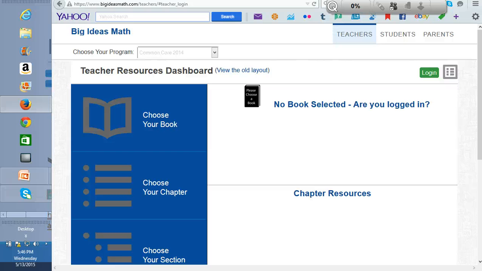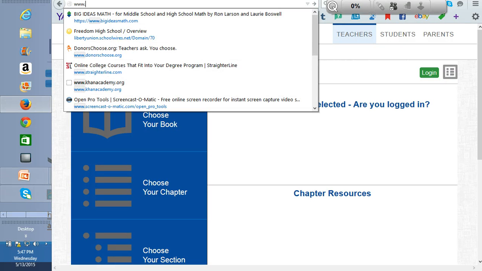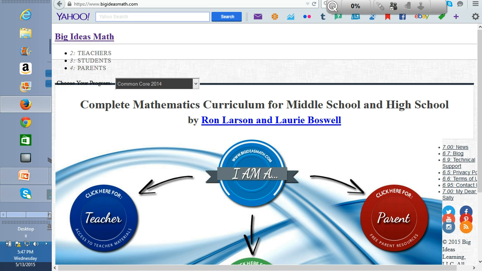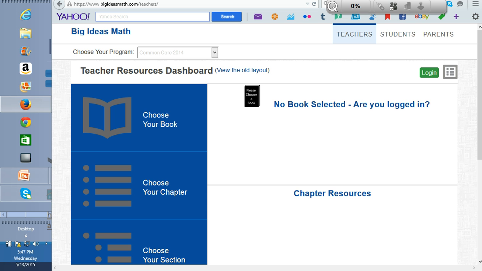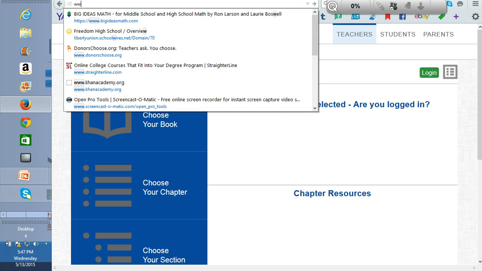Okay, let me just pause for a second while I'm trying to figure out how to log in. I'd be happy to pause, but I can't see what's happening over there. Let's try it again. Let's try it this way. Go this way.